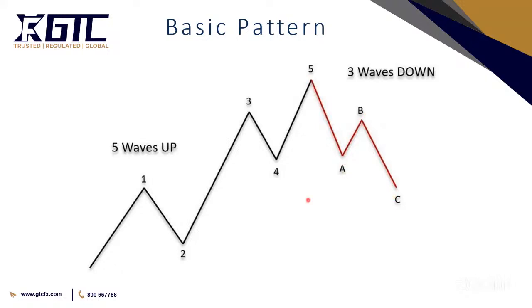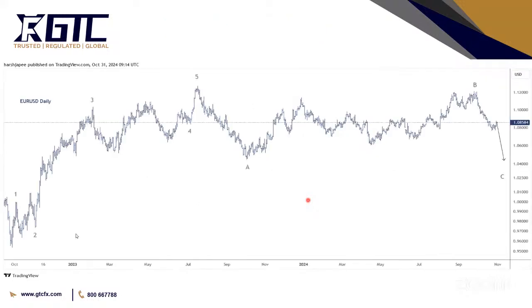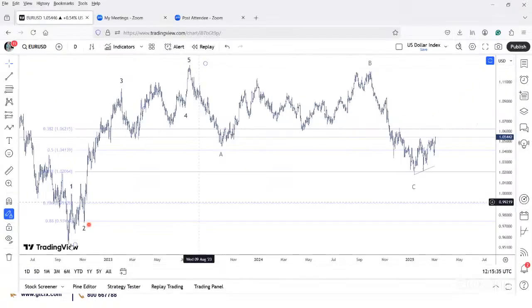All right, as I've shown in the chart here. It's a five-wave movement upside followed by three waves, A, B, and C, which was not complete. This is an old chart, November 2024. You can see the real chart version here. 5 waves up, labeled as 1, 2, 3, 4, and 5.